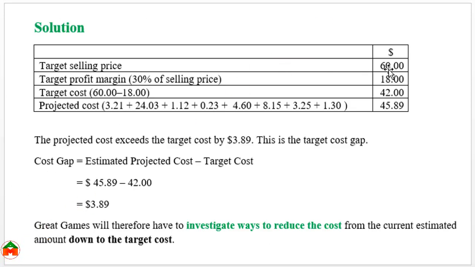Our selling price is 60 and our target profit margin is 30% of selling price. So the target profit margin is 18. If we deduct the target profit margin, I mean 18, from the target selling price, I mean 60, the target cost is 42. I mean if we are interested in achieving 30% profit, then our target cost should be 42.